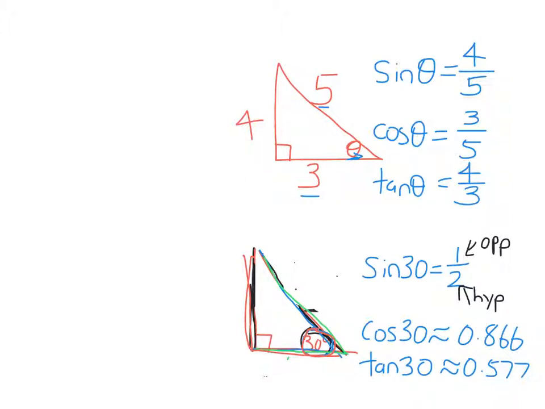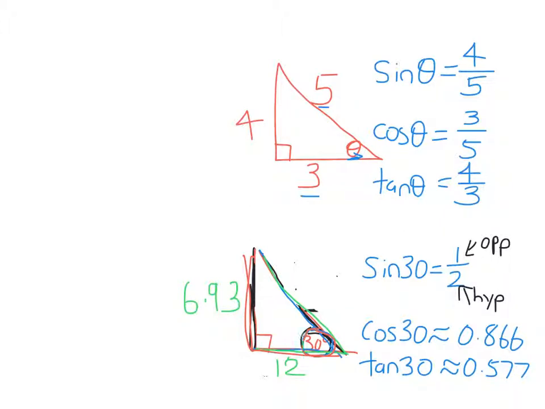So let's say, for example, that this side here was 12. So then, that's the adjacent side, by the way. So then the opposite side would be about 0.577 times that. So it would be about 6.93 or thereabouts.